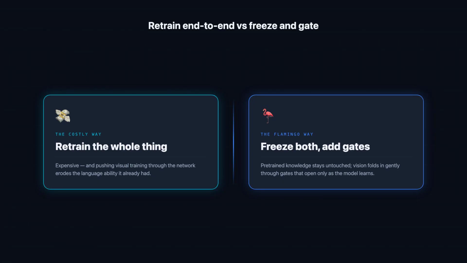The pre-trained knowledge is preserved untouched, and vision gets folded in gently through gates that open only as the model learns to use them. You get the best of both worlds, a language model that keeps everything it knew, plus a new visual channel bolted on without a costly rebuild.